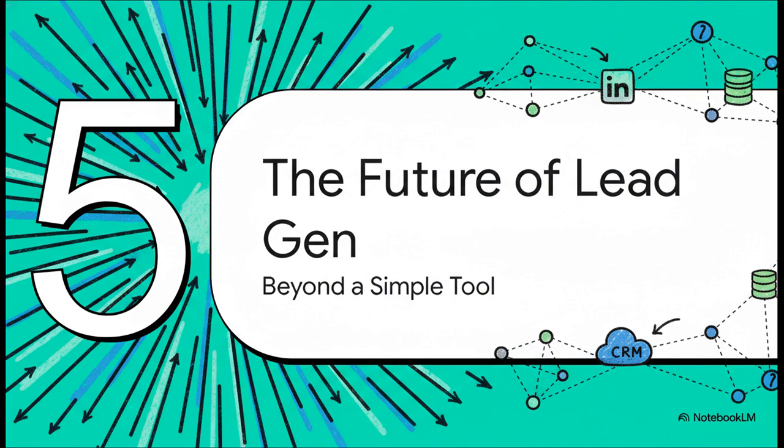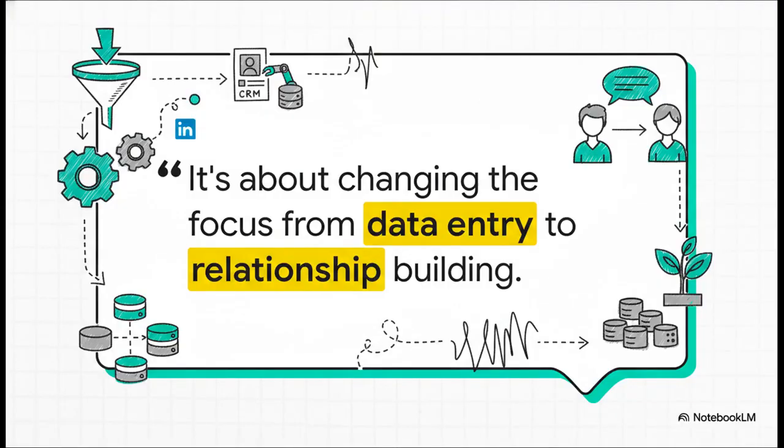This is about evolving your entire approach to lead generation. And that really gets to the heart of it, doesn't it? The fundamental shift here is one of focus. By automating the administrative burden, you empower your team to stop acting like data clerks and start being genuine relationship builders. And that's where the real value is created.